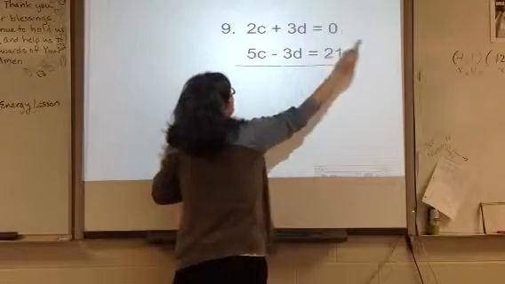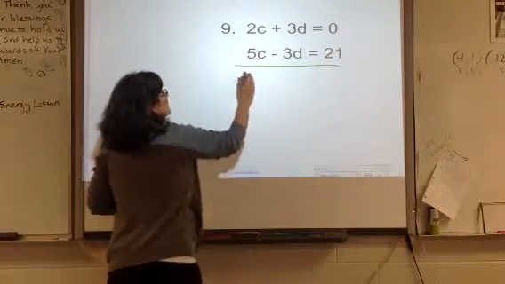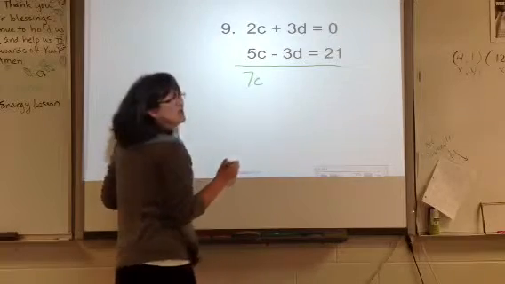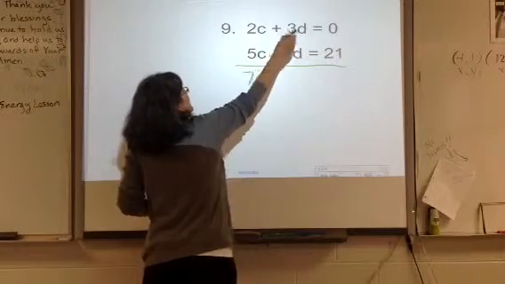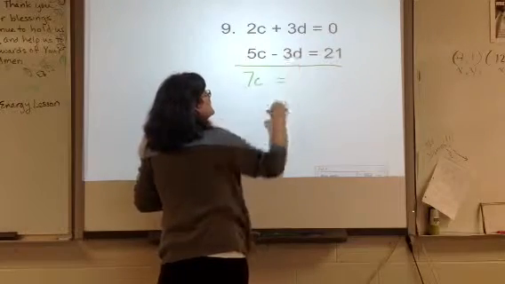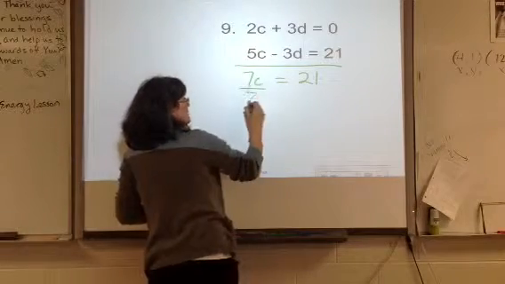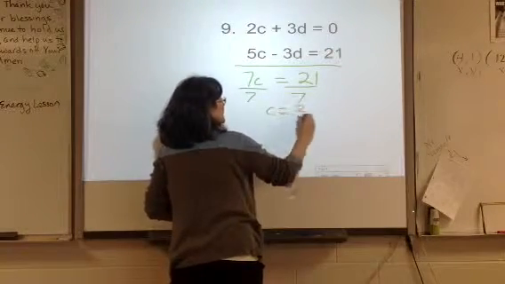So if I just add them up, it's going to get rid of the D's entirely. 2C plus 5C is 7C, and then 3D minus 3D goes away. And 0 plus 21, 21. Divide by 7. And C is 3.